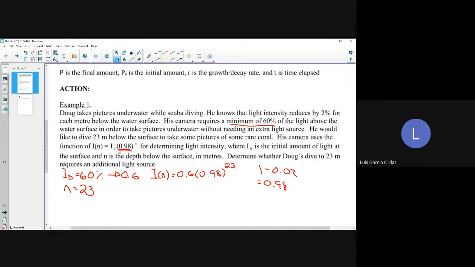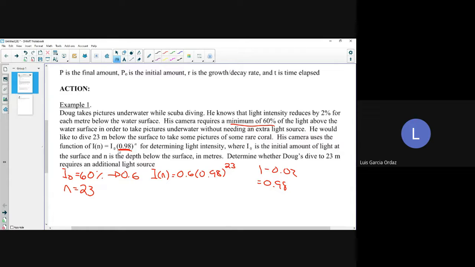So 0.98 to the power of 23 times 0.6. I did it a different way for your fun. Why did you do the 1 minus 0.02? Because I wanted to show you how they got 0.98 in the bracket. That's the decay, right? Because it loses 2% of light each time. So what's 2% as a decimal? 0.02.